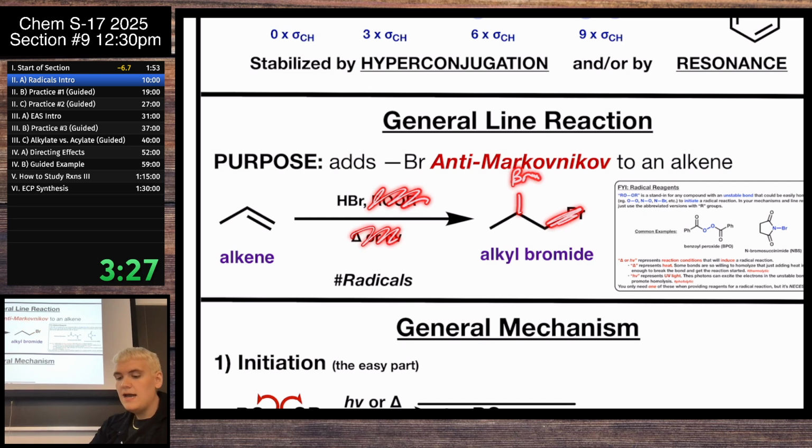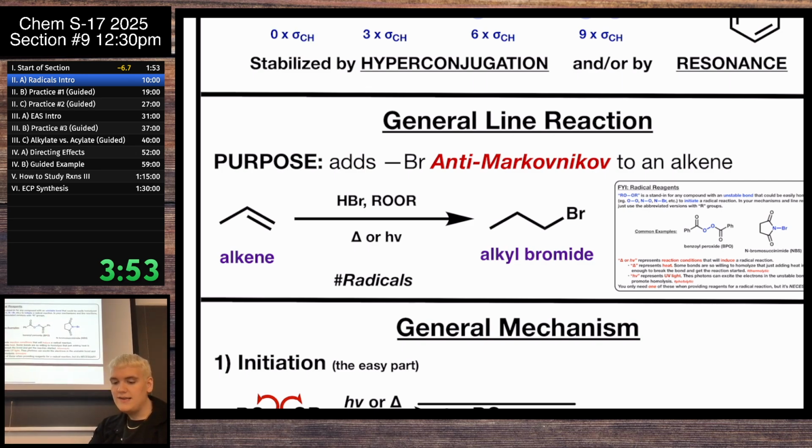But here, if we add ROOR, which is peroxides, and we add delta or HV, then what we get is our anti-Markovnikov addition, where a more electronegative group, the bromine, is added on the less substituted side. So this is one of only 2 reactions that we teach you that is anti-Markovnikov. This and hydroboration oxidation, which we also have a little mnemonic to remember.